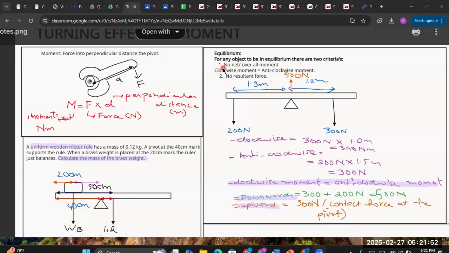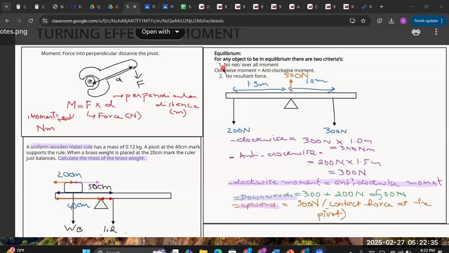Number one, there needs to be no resultant moment, no overall moment, no net moment. Number two, there should be no resultant force. So there are two criteria.